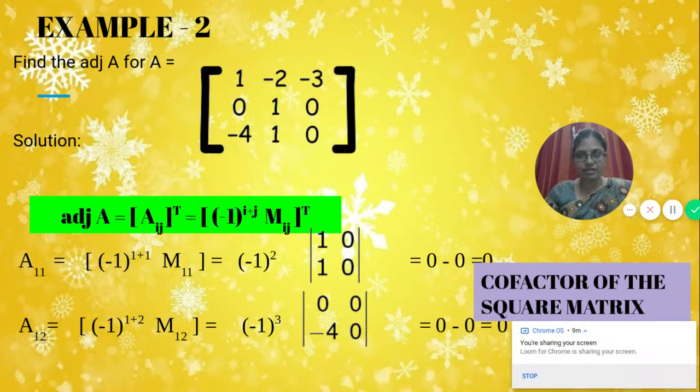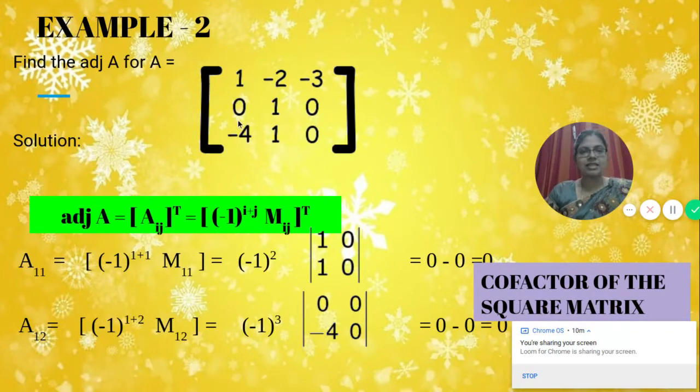Now we are going to find the cofactor of the matrix which we have taken in this example. First, we have to find the cofactor of the first element, that is the element which lies in the first row and the first column, that is 1. In the earlier slides, I have shown how to find the minor of an element.